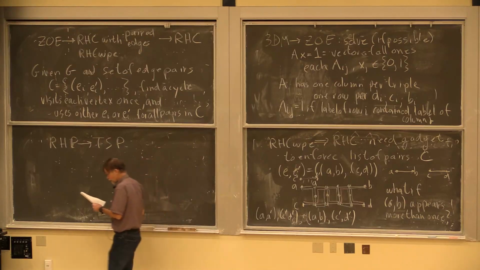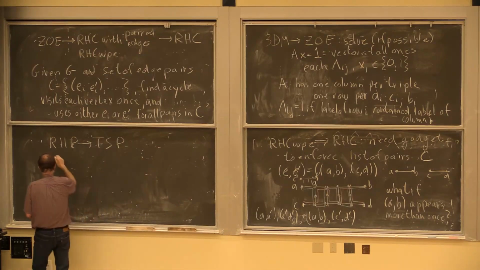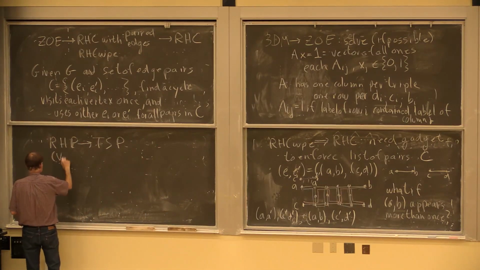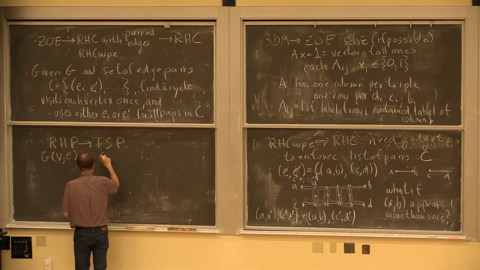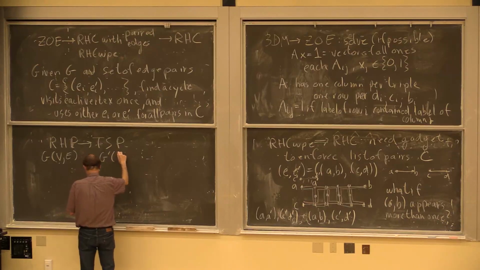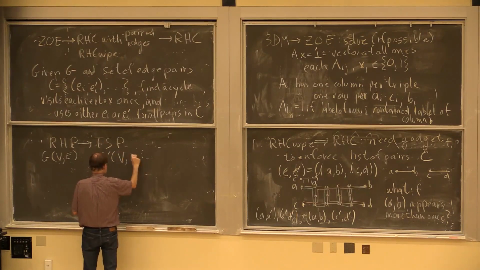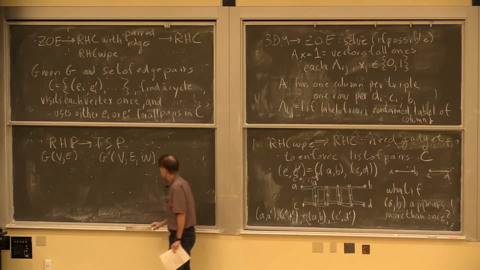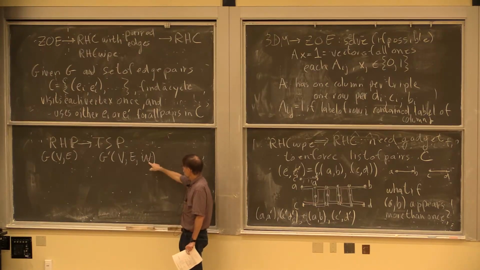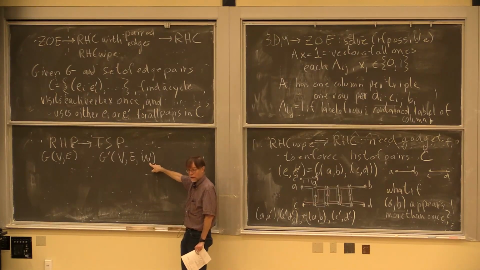So this is going to be on a graph with vertices and edges, and this is a graph which is going to have vertices and edges and weights. Okay. And what I want to do here is find the shortest path.